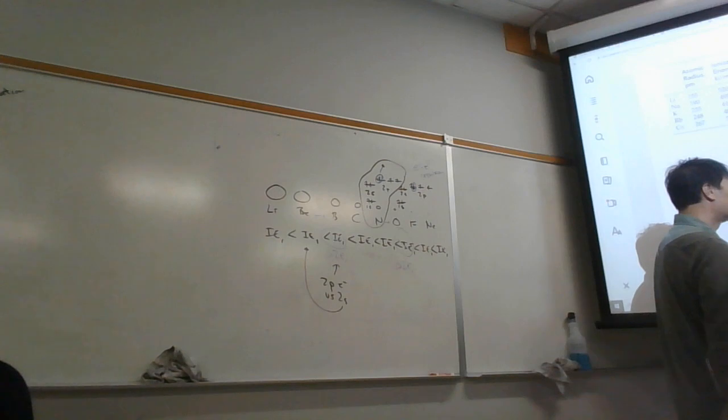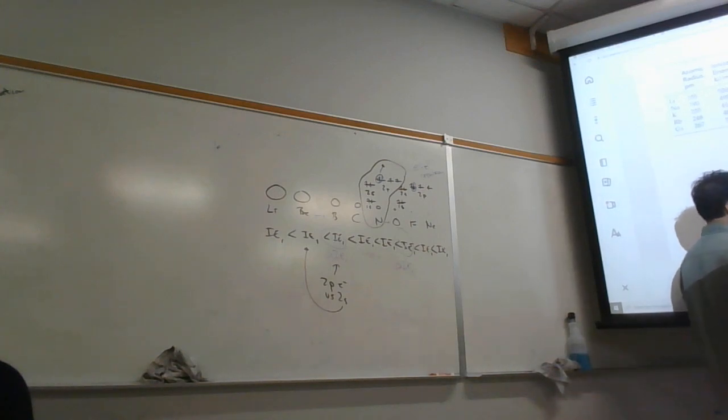The next pattern that we're going to look at are successive ionization energies. So IE1 for sodium is 500, but IE2 for sodium is 4,500. So it's about 10 times more energy. But when we go to magnesium, IE1 for magnesium is 738. IE2 for magnesium is only 1,400, so it doesn't go up tenfold. If it went up tenfold, it'd be 7,000.